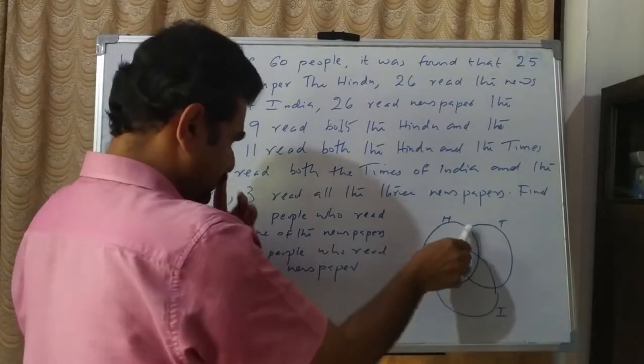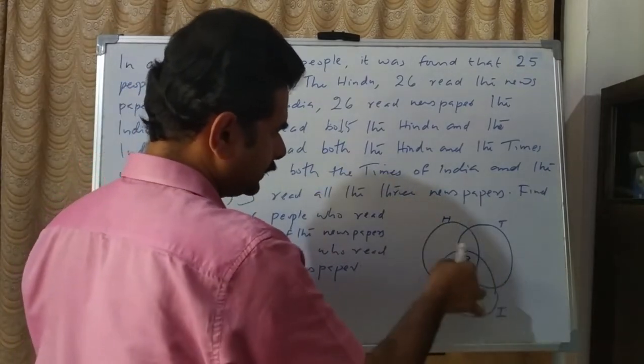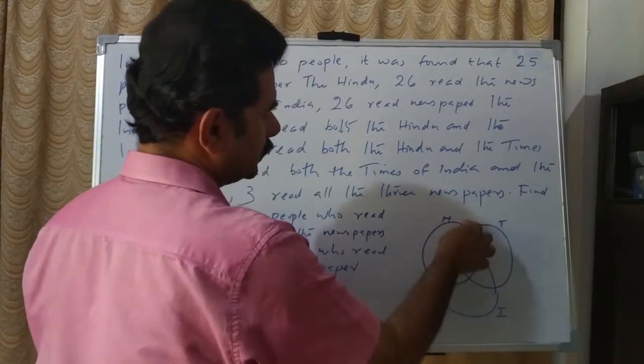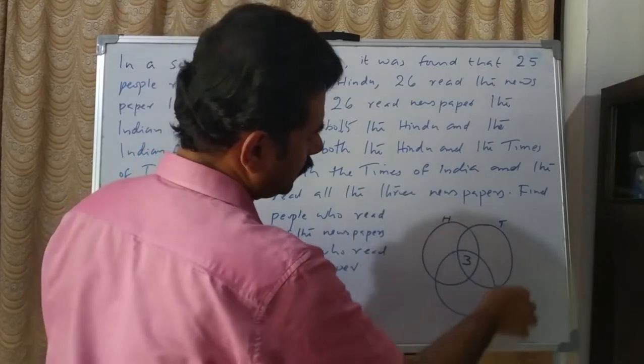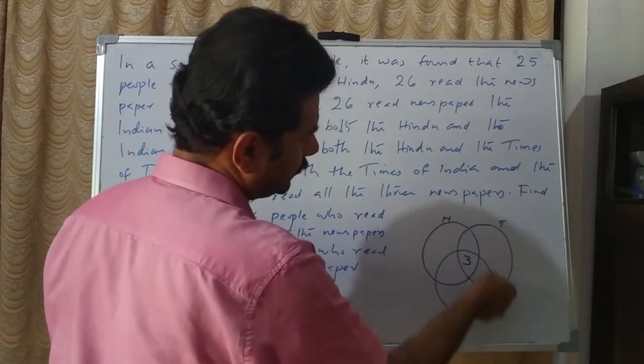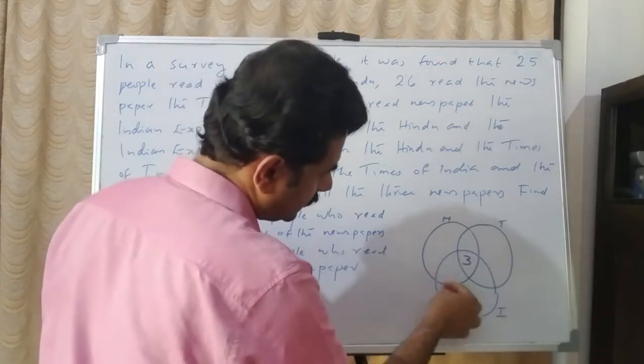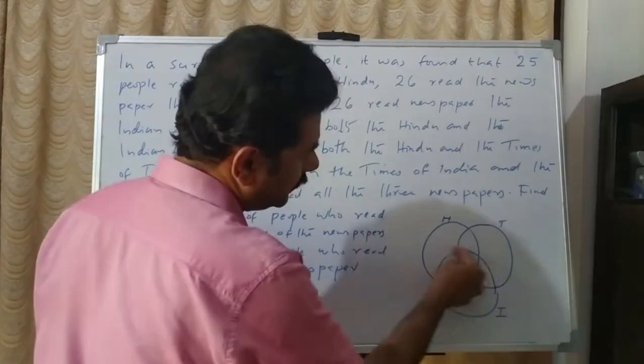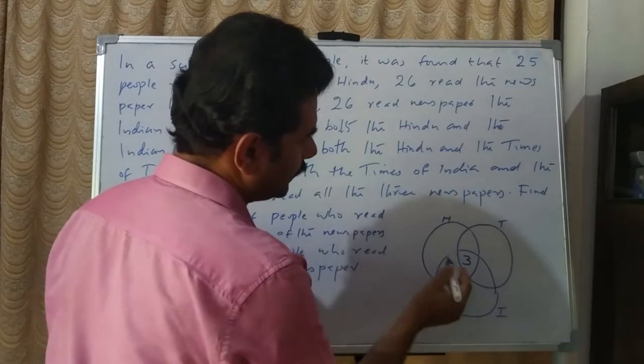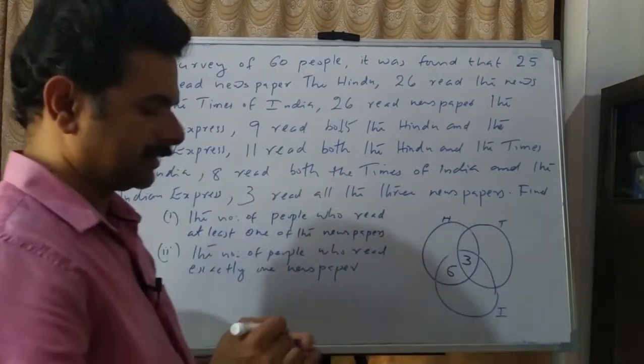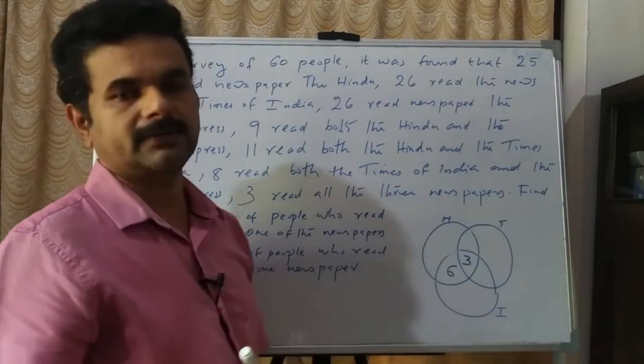Hindu and Indian Express, 9. This is the area for both Hindu and Indian Express, that is 9. So I am writing here 6, because 3 is already there. 6 plus 3 is 9.